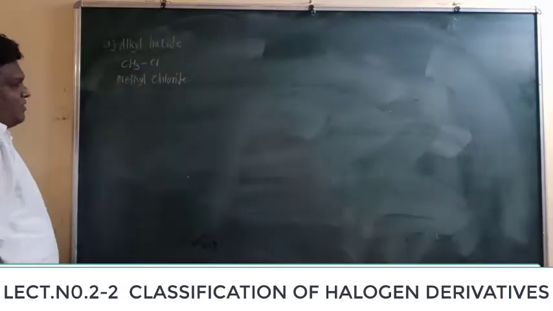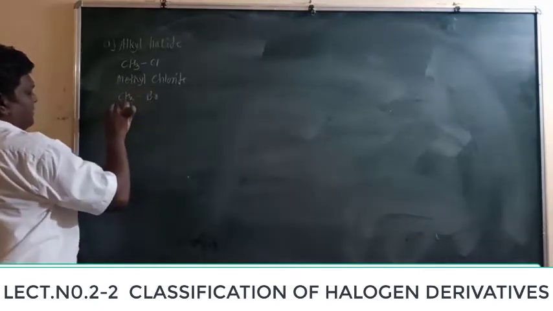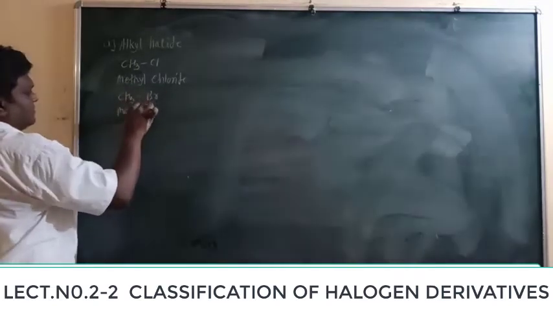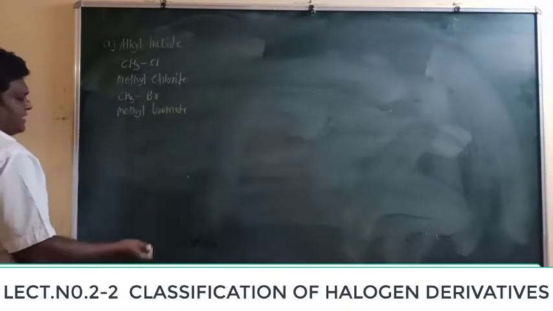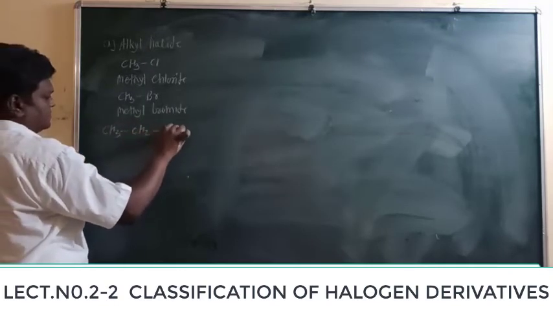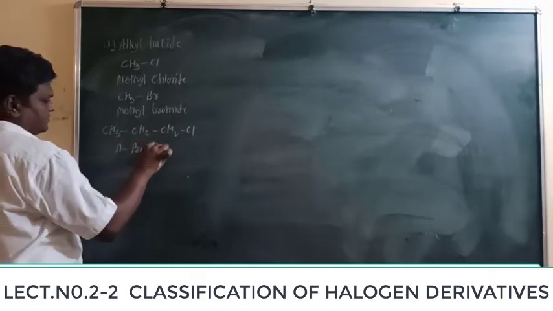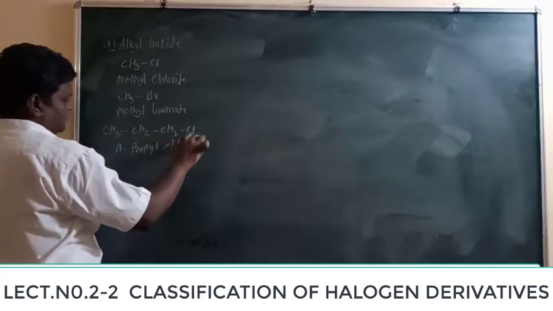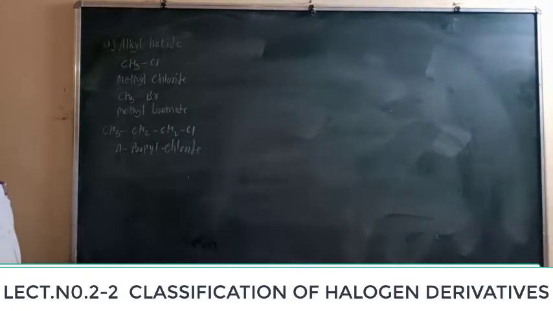If I replace chlorine by a bromine atom, you will get methyl bromide. Another example is this, called n-propyl chloride. So these are called alkyl halides.